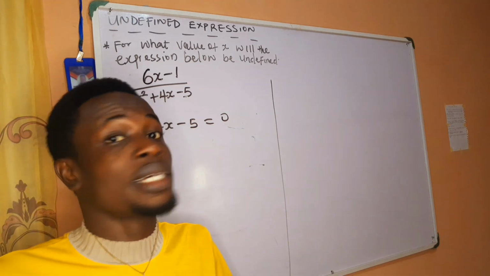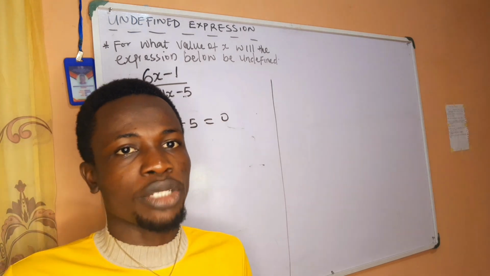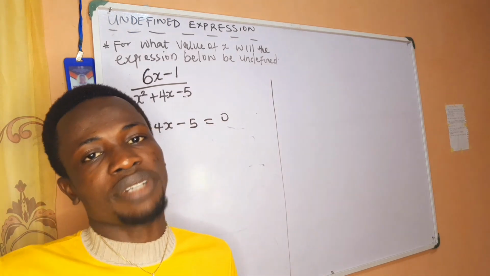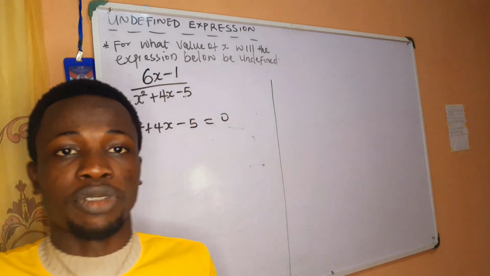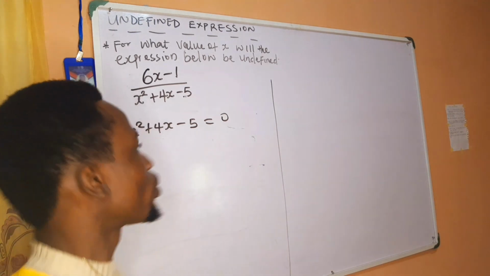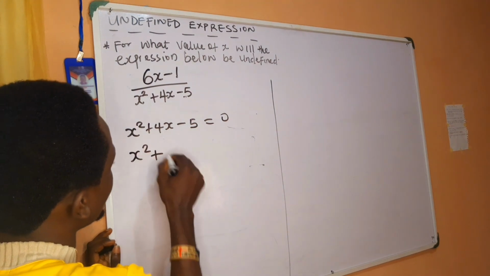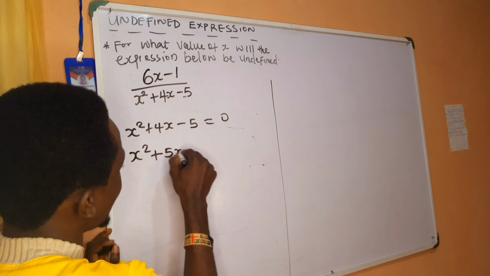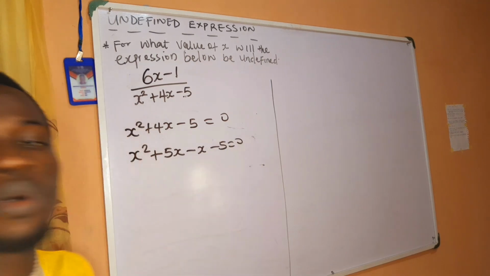Negative 1 and positive 5. Because if I do negative 1 plus positive 5, it's going to give me positive 4. Then negative 1 times positive 5 is going to give me negative 5. So rearranging this, I'm going to have x squared plus 5x minus x minus 5 is equal to 0.